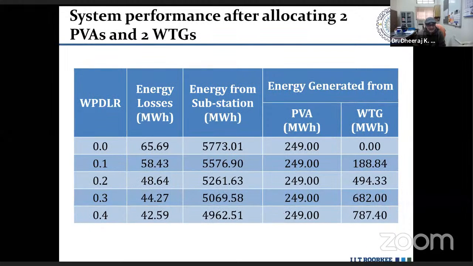When we are placing two photovoltaic arrays and two wind turbine generators, for different values of the wind power to load dispatch ratio, what is happening? The generation from the photovoltaic array is constant.